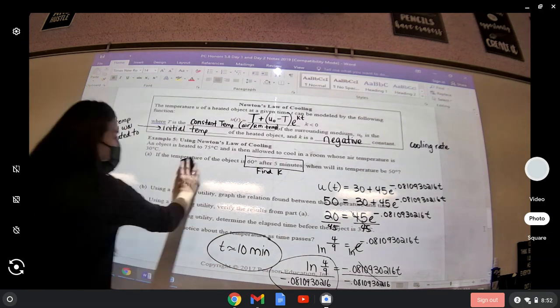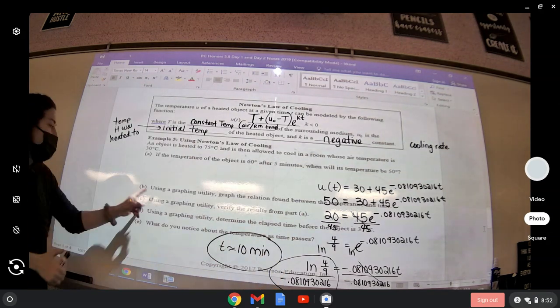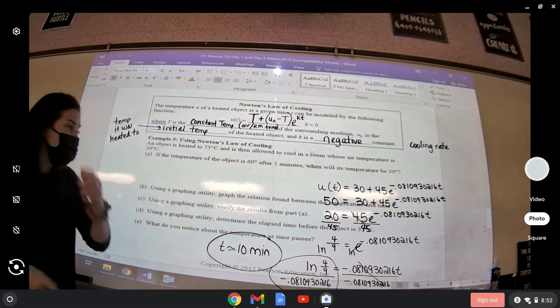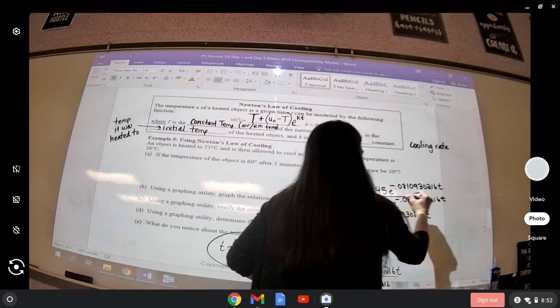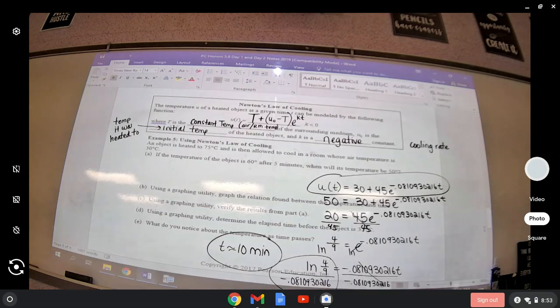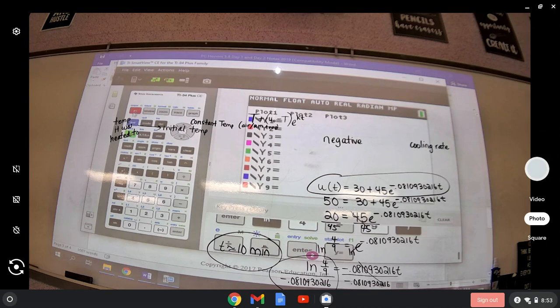Okay. All right, so now the problem says, using a graphing utility, graph the relation found between the temperature and time. So guys, they want you to graph this equation. That's the relationship between temperature and time. So plug it into your calculator. Go to Y1.